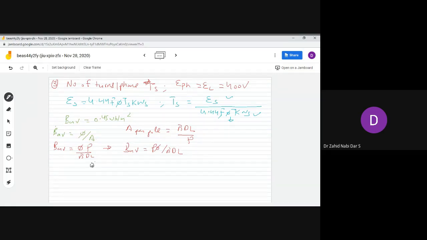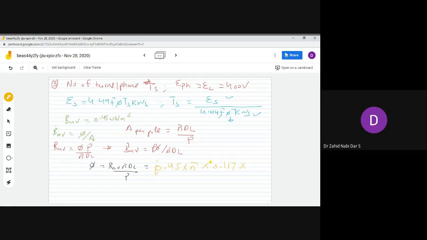So the flux would be equal to BAV pi dl by P. Your BAV value is 0.45. This would be equal to 0.45 into pi. D value you just calculated was equal to 0.117.